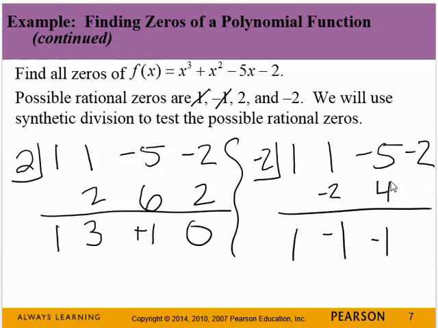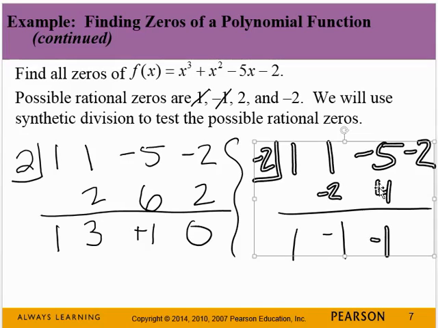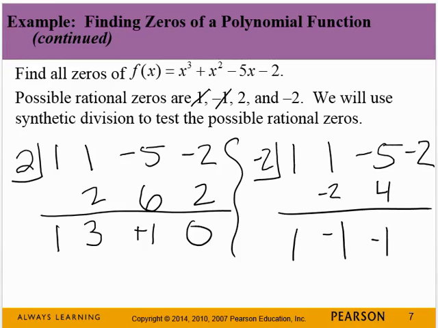Negative 2 times negative 1 is not a positive 4. It's a positive 2. Sorry. So this means it's not going to be negative 2.